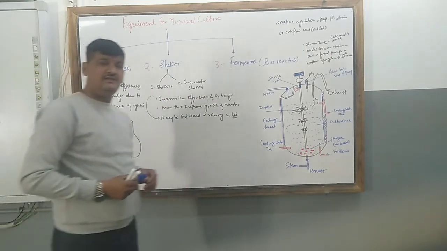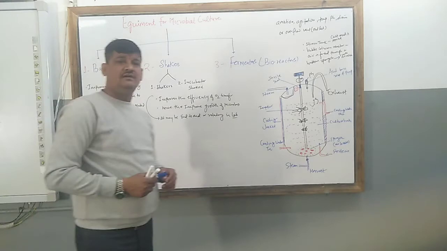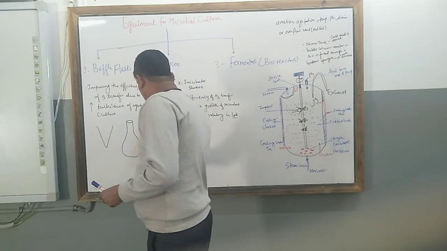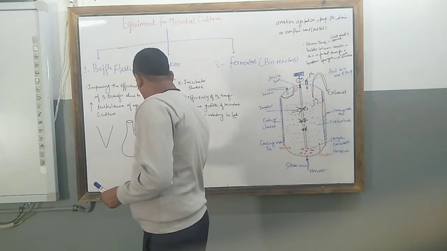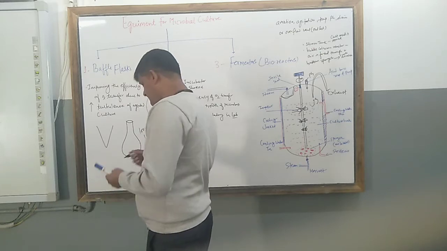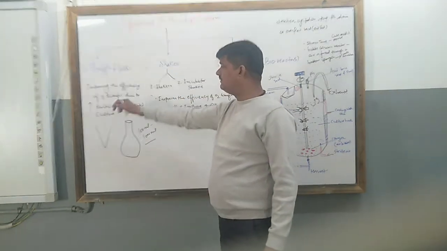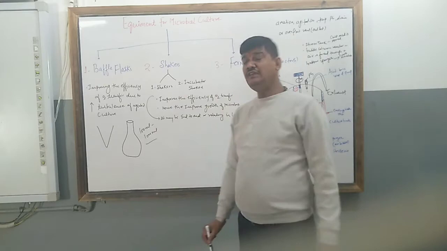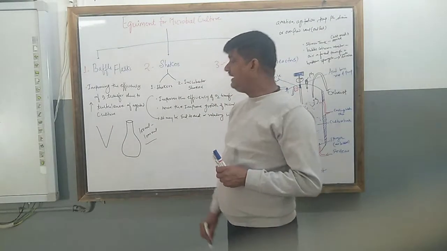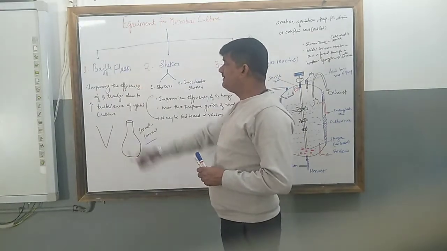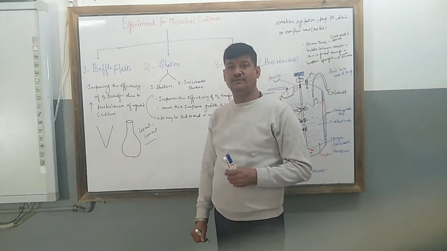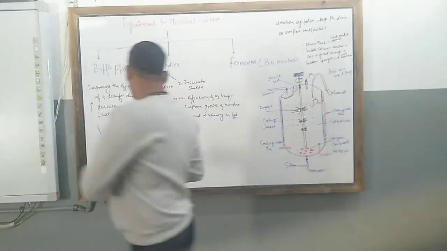They range from 100 ml to 1000 ml in volume. These Baffle flasks are useful for laboratory purposes only, and they improve the efficiency of oxygen transfer when we are taking the culture.